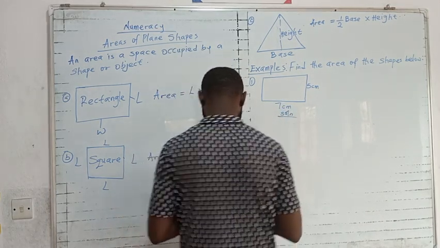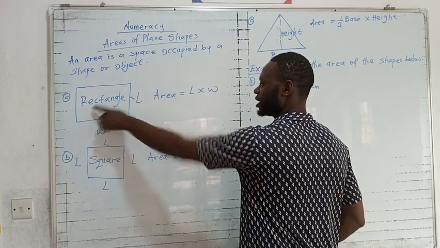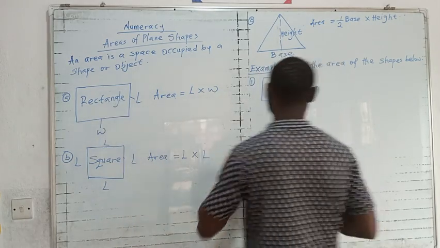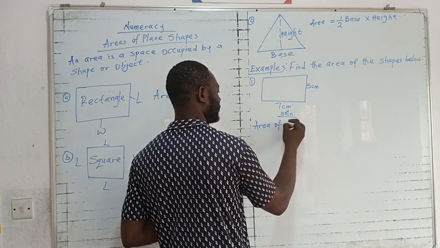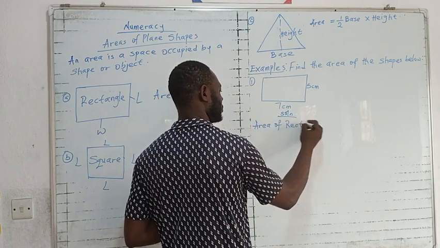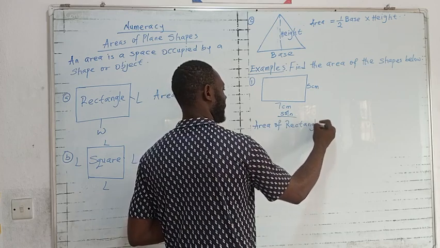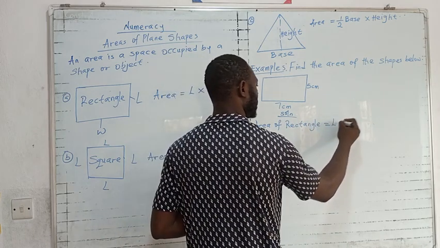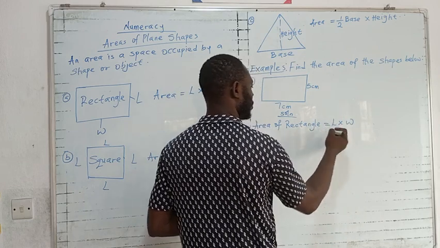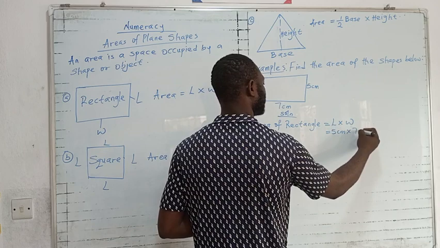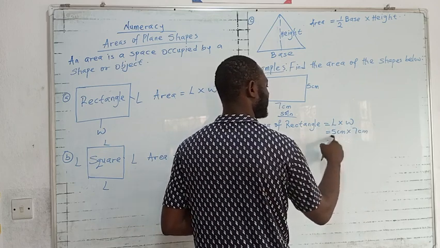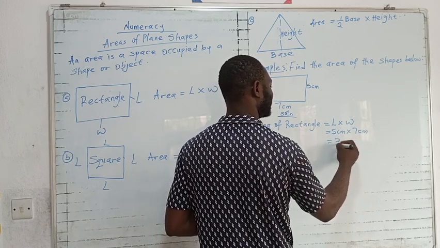We write out our formula. What is the formula for finding the area of a rectangle? Length times width. Now say that area of rectangle equals length times width. What is our length? 5 centimeter. What is our width? 7 centimeter. 5 times 7, 35.